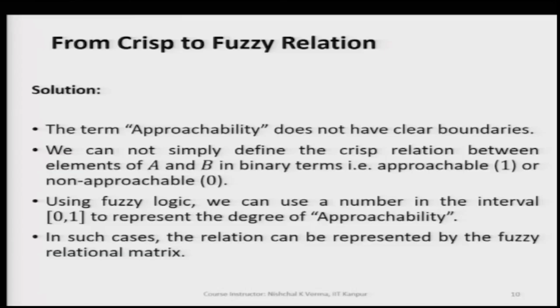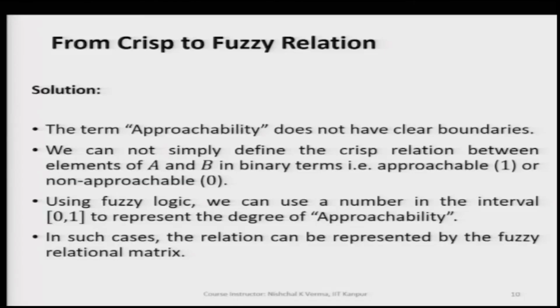So, we cannot simply define the crisp relation between elements of crisp set A and crisp set B in binary terms, that is 1 for approachable and 0 for non approachable. When we talk of approachability from one city to another, we cannot express this in 0 and 1. So, it is very clear that Boolean logic is not sufficient to express the approachability among the cities.